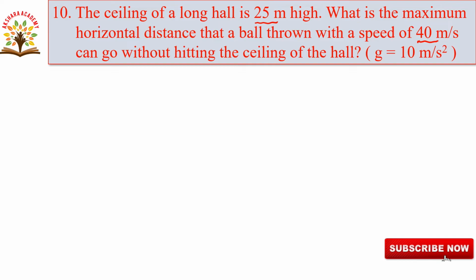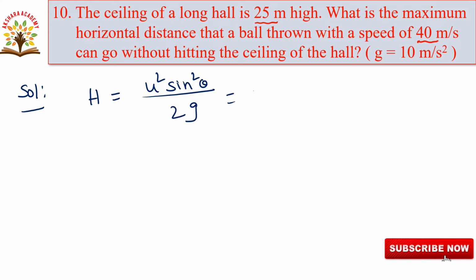Now we will write H is equals to u square sine square theta by 2g. H is equals to u square sine square theta by 2g, given as 25 meters, and u is nothing but 40 meters per second.